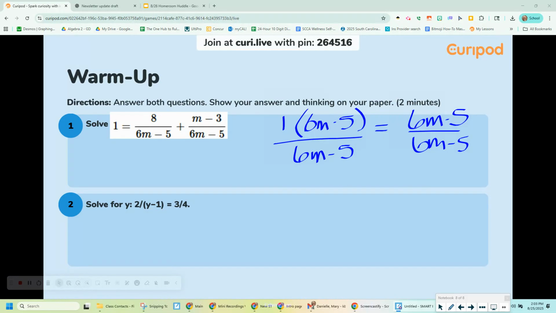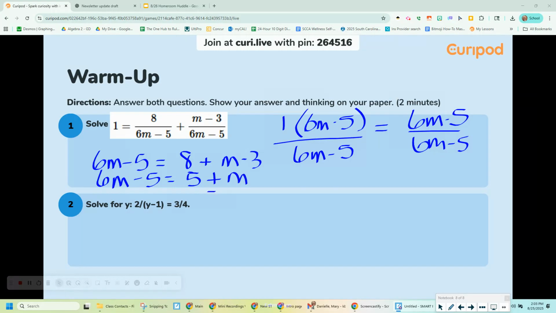So I can drop the denominator and just keep the numerators and have a new equation there to solve. I'm going to combine my like terms. 8 minus 3 is where my 5 is coming from here.